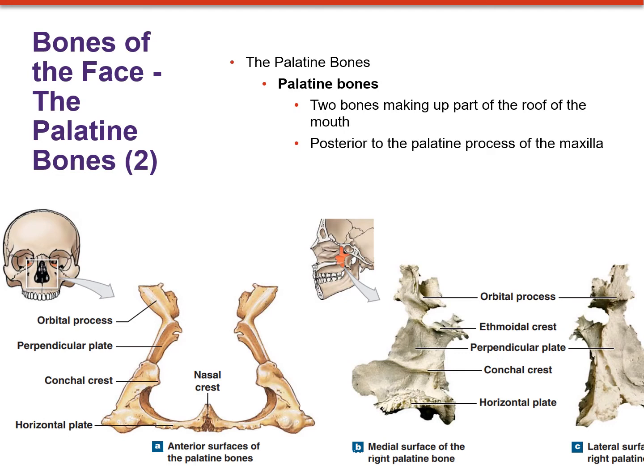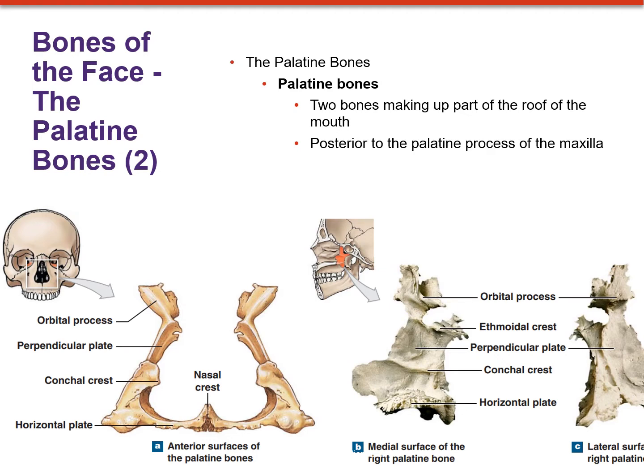The palatine bones are going to be like these L-shaped bones, and they're going to make up the roof of the mouth posterior to the palatine process of the maxilla. And the maxilla is going to be a left and a right maxilla, or maxillary bones, and they're going to be the largest facial bones, and together they're going to form the upper jaw, okay.